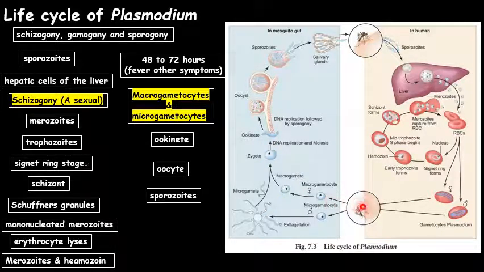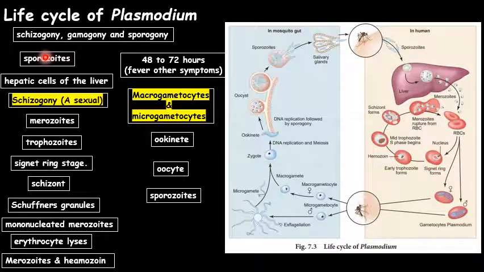Since the blood is inside the stomach, if it stays for a long time, it will be digested. So the oocyst will release the sporozoites. The sporozoites will slowly move to the salivary glands of the mosquito. Again, the sporozoites will be released when it bites another human. So this is how the cycle continues.